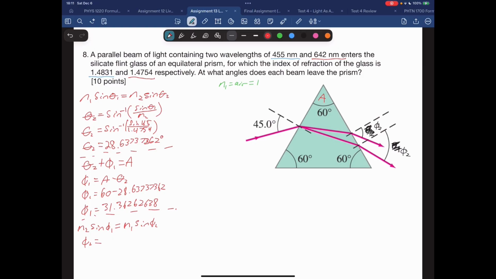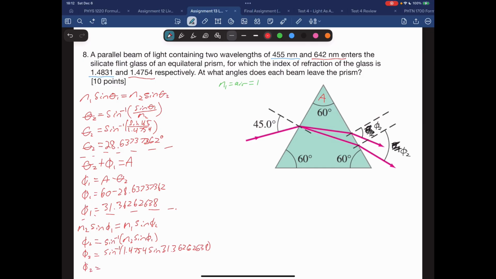So that is just equal to the arc sine of n2 sine phi 1, which, plugging in numbers, gives me 1.4754 times the sine of that 31.362662638 degree number.